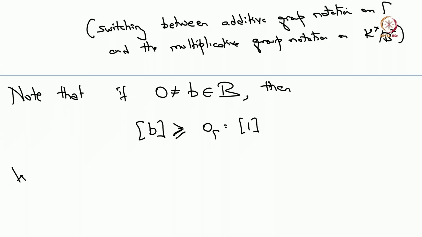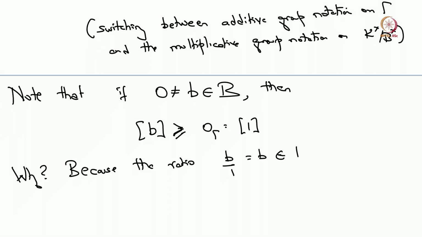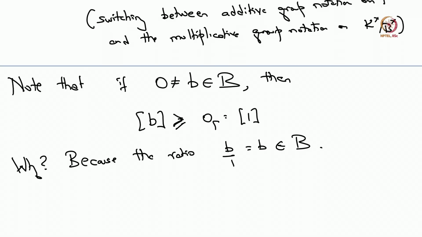And so why is this the case? Because the ratio. So what does it mean for an element B to be larger than or equal to this element 1? It just means that the ratio should belong to B, but the ratio is little b over 1, which is B, and that belongs to the ring B. So every element of this ring B has valuation larger than or equal to this identity element of gamma.